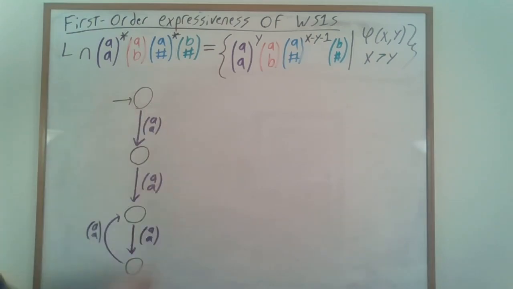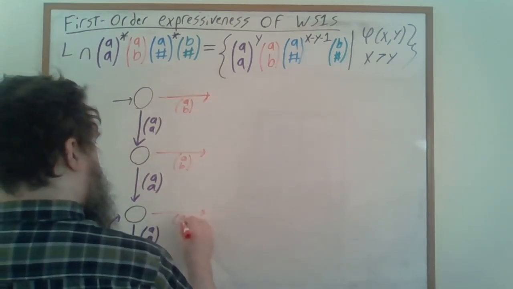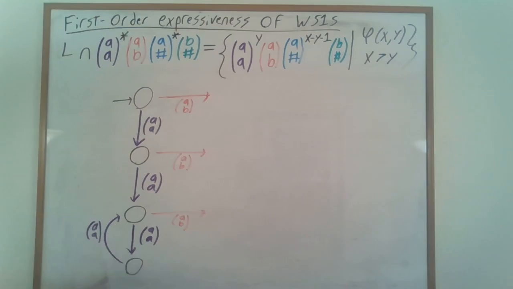Once we've read all of our AAs, we then expect to read an AB. And let's actually say, for the sake of example, that if we read an AB in this state here, there is no future, so I don't have to draw it.